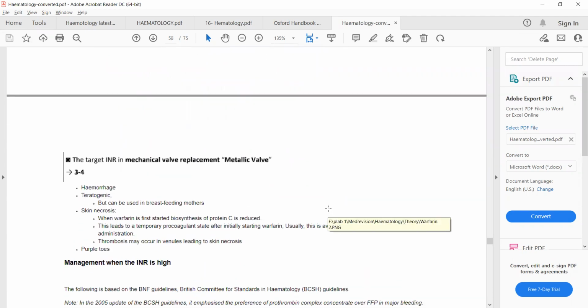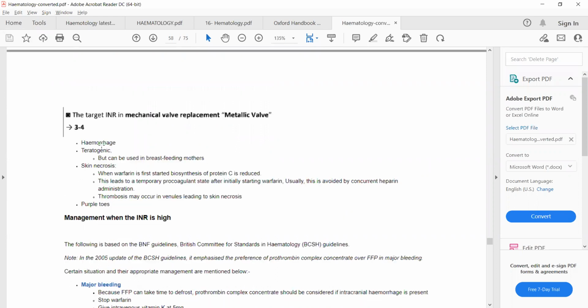What are the side effects of warfarin? Warfarin can cause hemorrhage or bleeding. It is contraindicated in pregnancy because it is teratogenic, but it is not contraindicated in breastfeeding. So feeding mothers can use warfarin, but pregnant women cannot use warfarin. It can cause skin necrosis. When warfarin is first started, protein C is reduced.